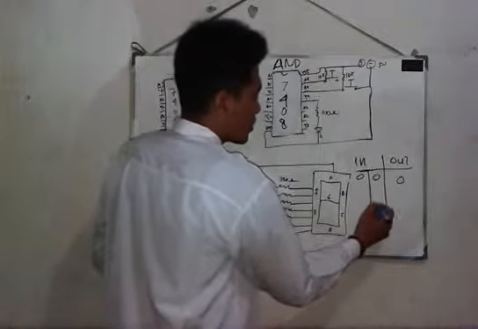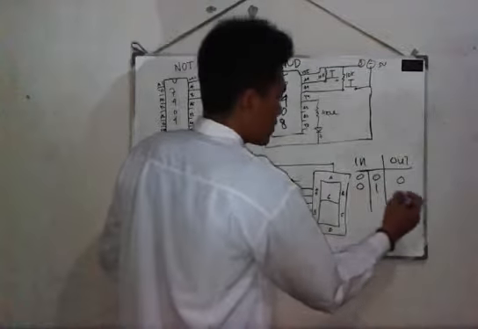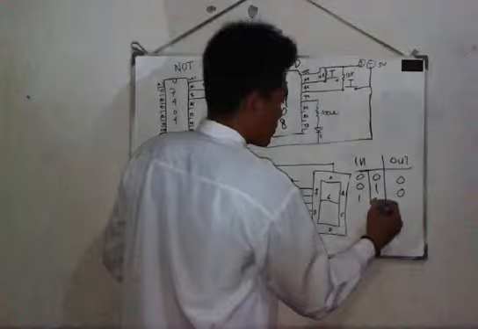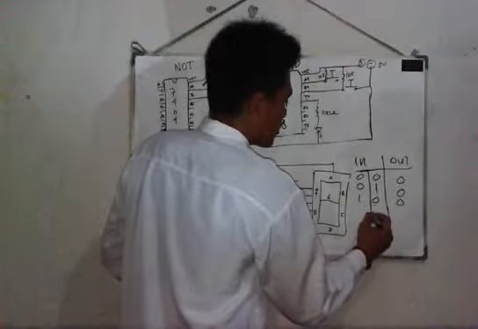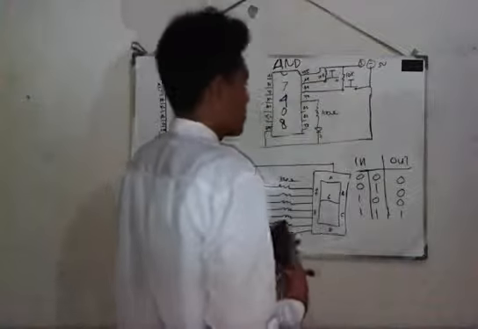If one of the inputs is 0, the output is still 0. If both ports of input are 1, the output will be 1.